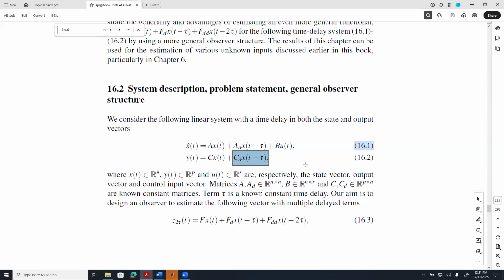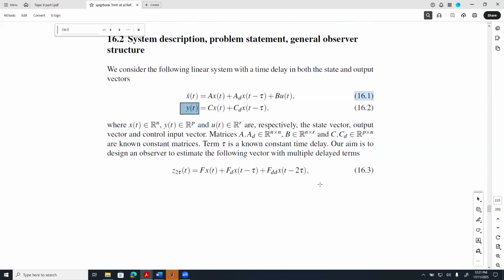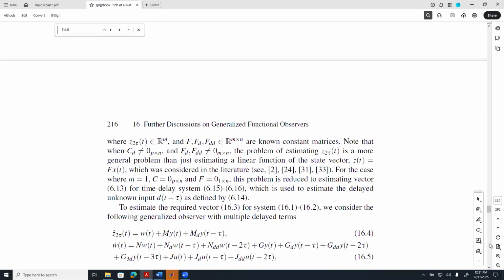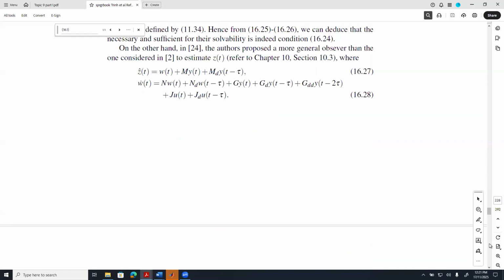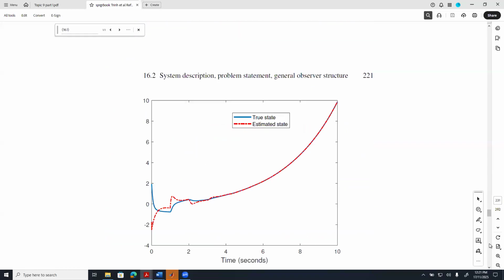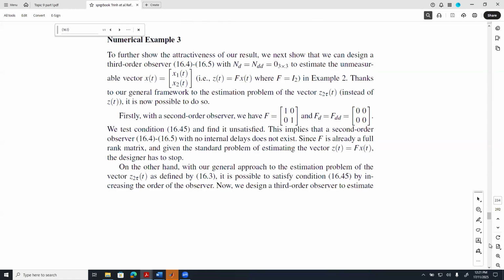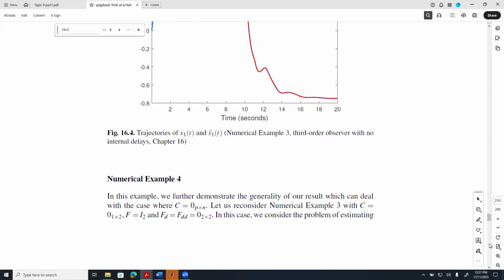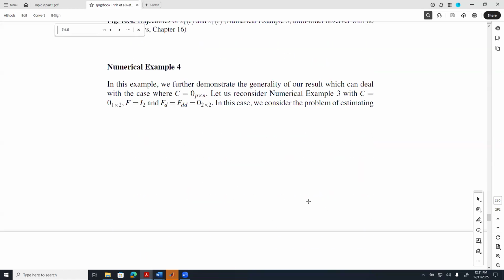So we're using delay information of the stack variables in our output measurement, and we reconstruct the stack vector instantaneously, and that's what this example 4 is telling us. All right.